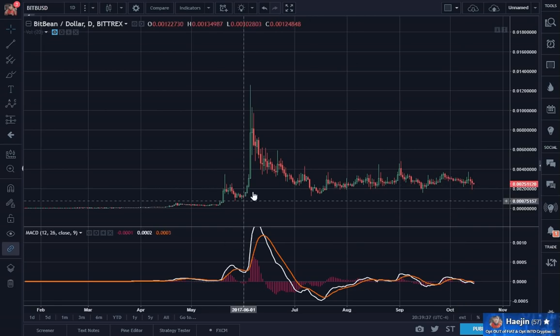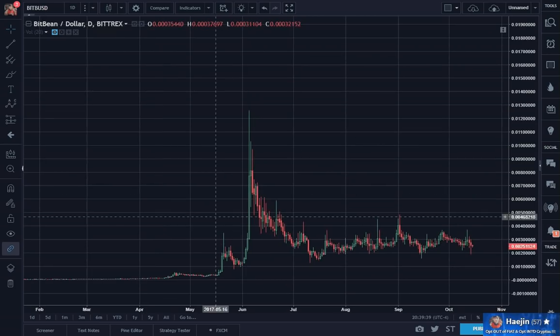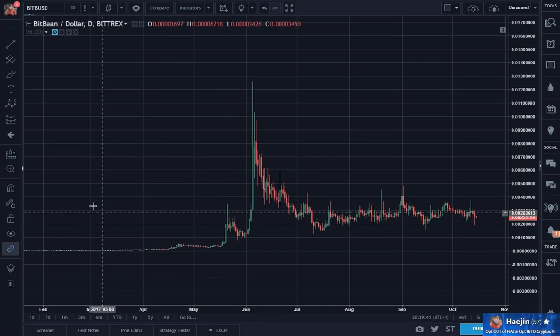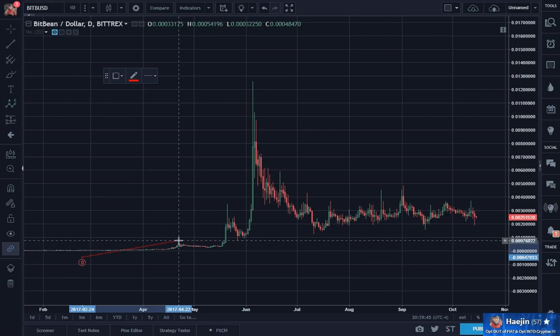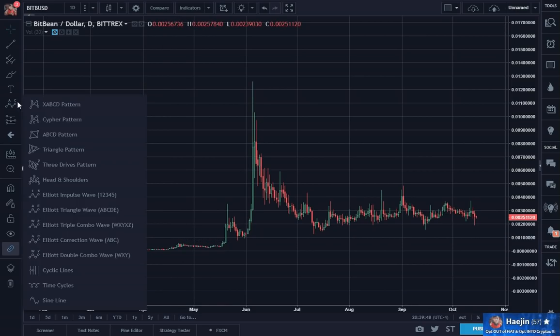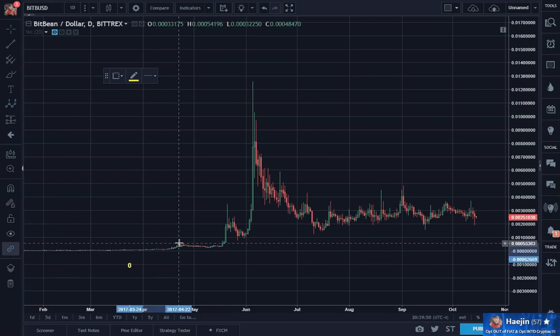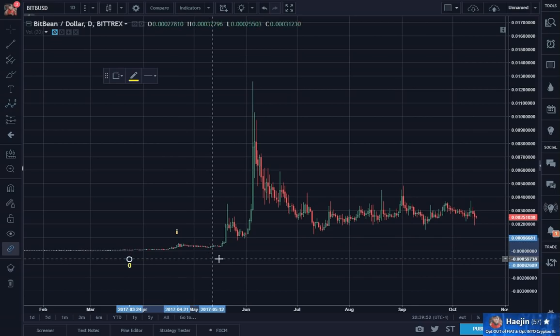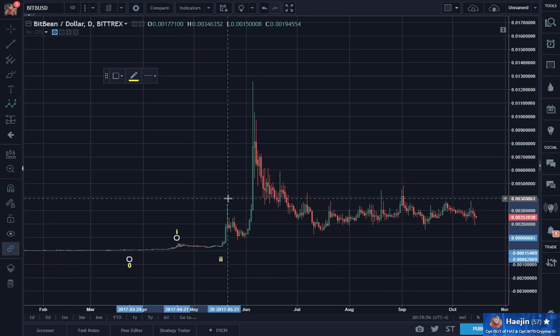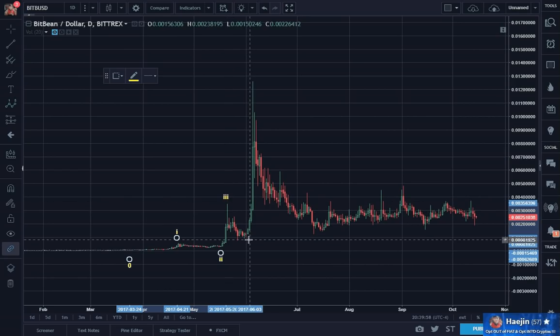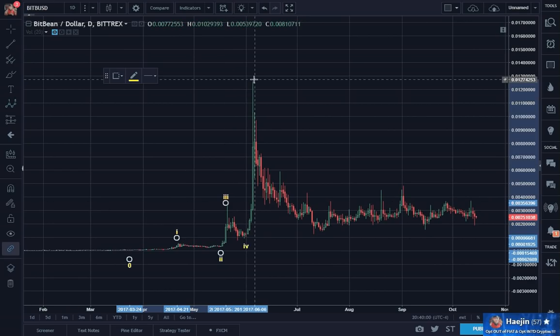So here it is. Let's take a look at just the chart for now and do some Elliott wave counts. If I do a count here, here's wave 1, here's wave 2, wave 3, 4, and 5.